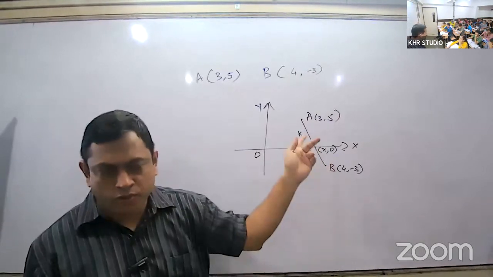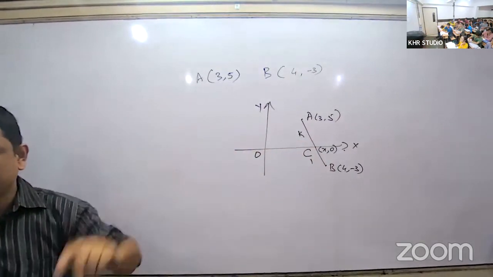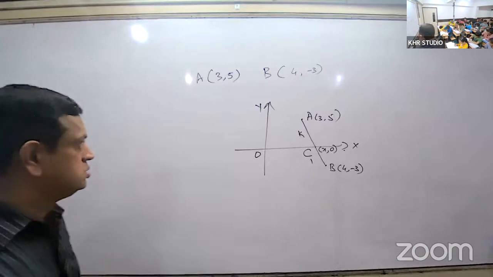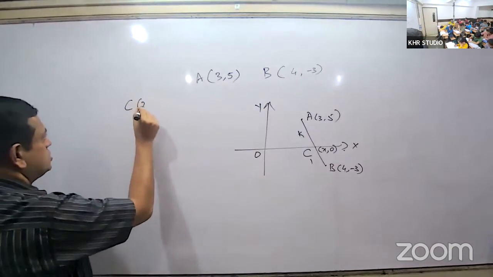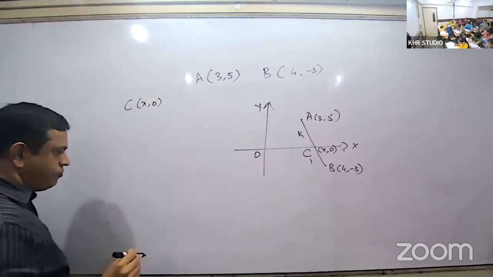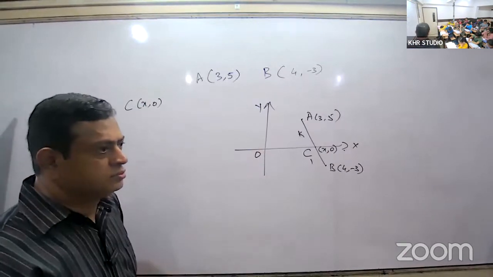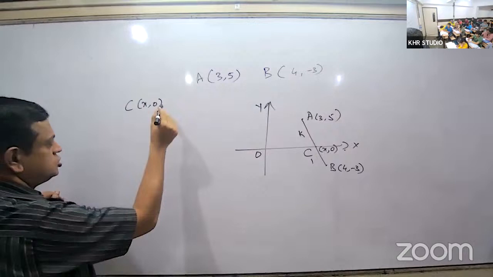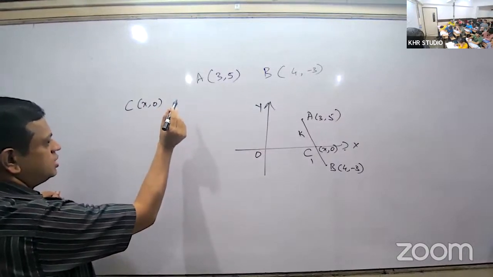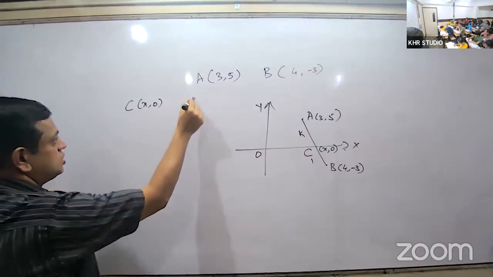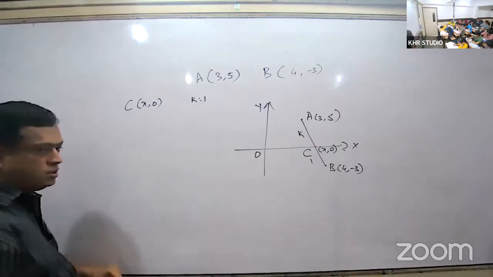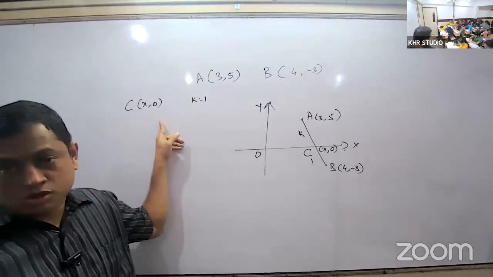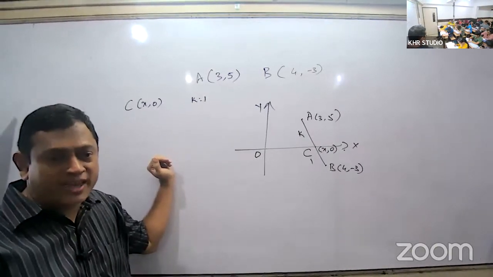Now, right, the figure is drawn. Let C be (x, 0) which divides AB in the ratio k is to 1.